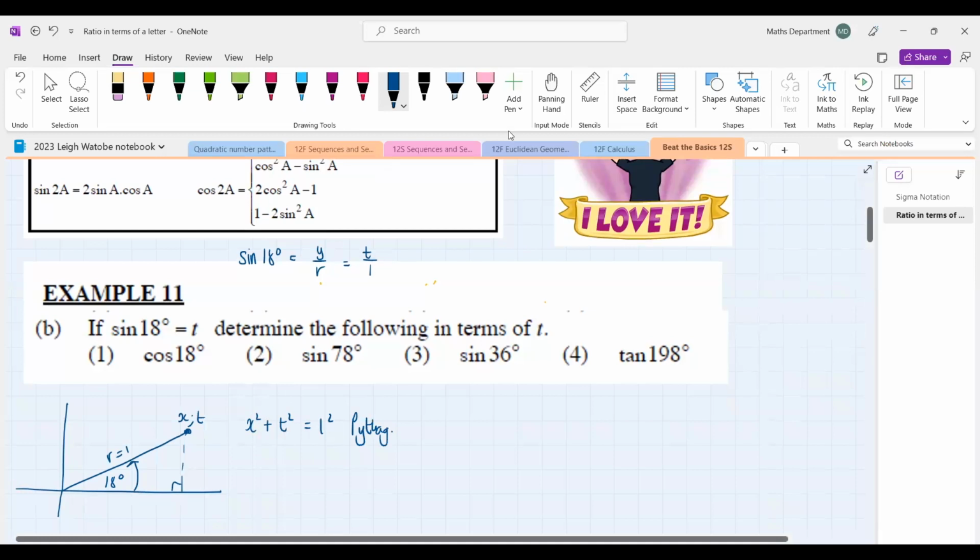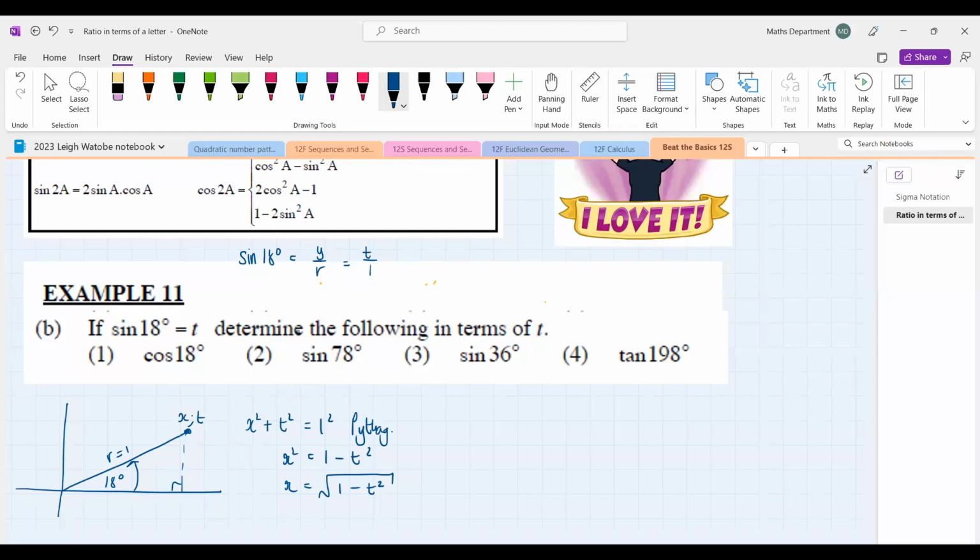Okay, yes, indeed. So we'd end up with t squared plus x squared equals 1. Making x the subject of the formula, we would end up with x squared equals 1 minus t squared. So x would be equal to root 1 minus t squared. Like so.